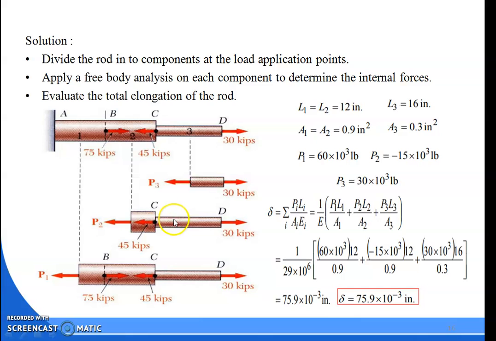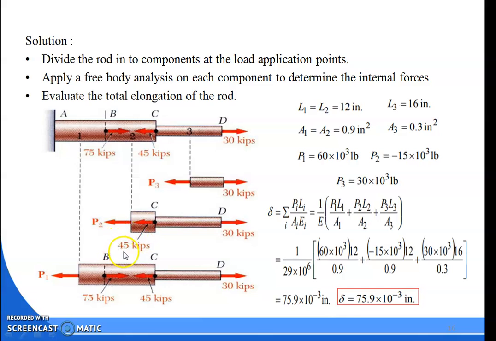Okay, so what will be the P2 value? Here 45 kips is also there, and a tensile force is also there, which is 30 into 10 to the power 3 lb. So now for this point, we have to add the tensile force as well as the compressive force. The value of P3 is also here. P3 is tension in nature. So your 30 plus the compressive force.